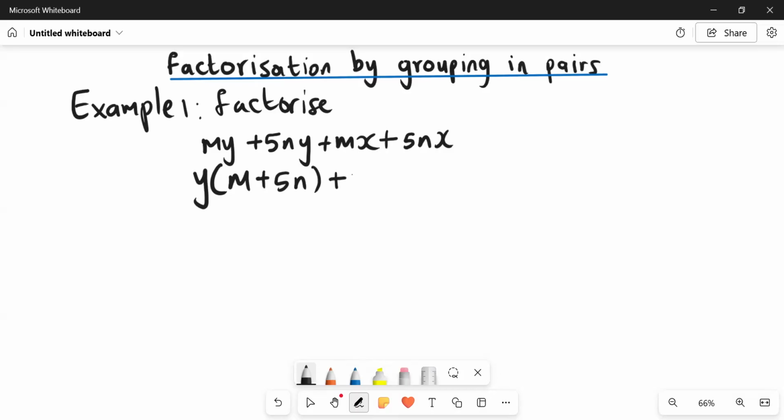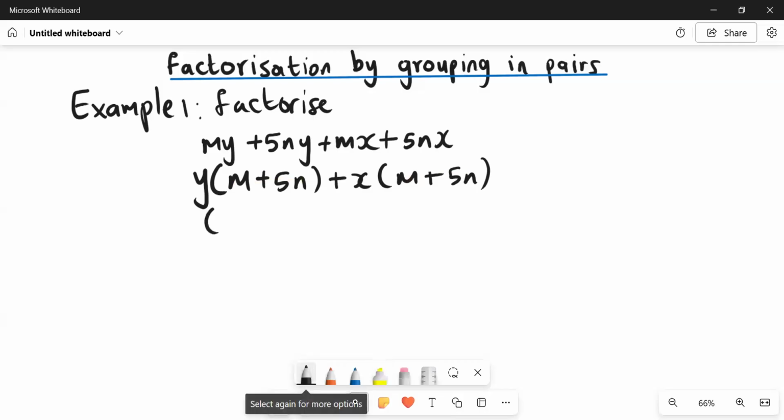The highest common factor here is x, and then again you're left with your m plus 5n, right? Now, as I've said, we've created our own common bracket, which is m plus 5n, m plus 5n.